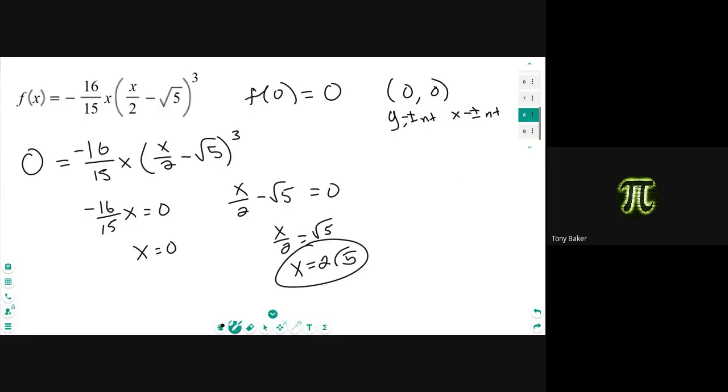Anybody remember what multiplicity was? How many times that factor occurs, which is your degree. So that factor occurs 3 times. That means the graph goes through the x-axis at that point. Remember, with an even multiplicity the function is going to bounce on the x-axis, and if it's odd, it goes through it. If it bounces, that means it's a minimum or a maximum.